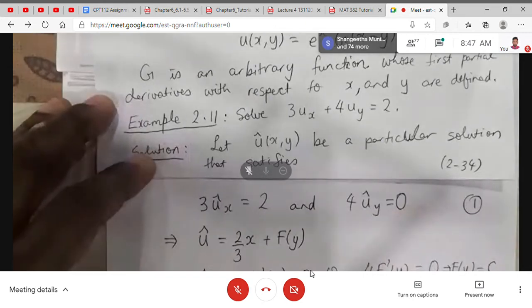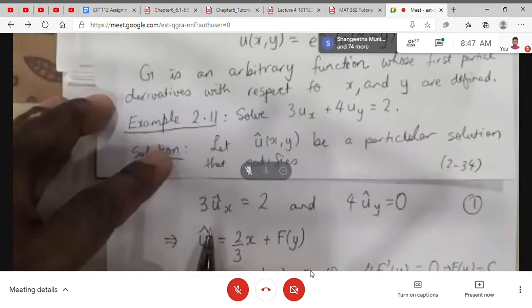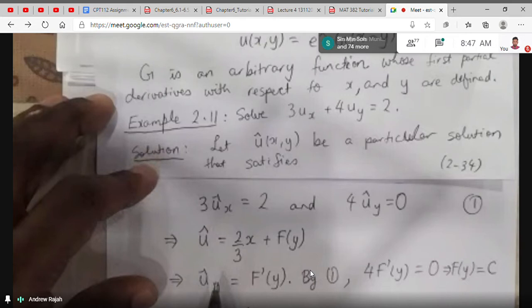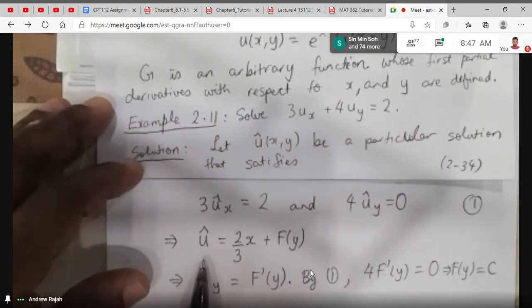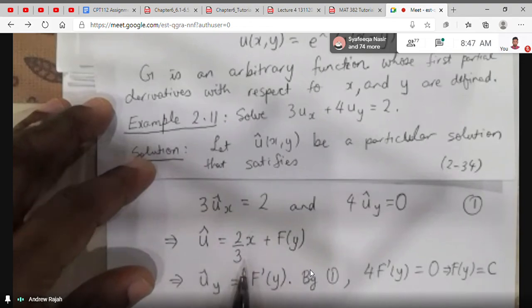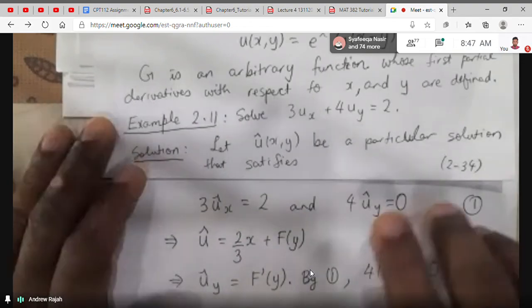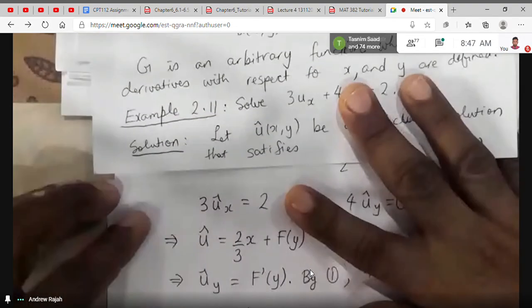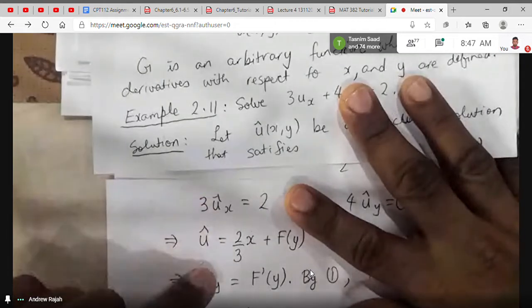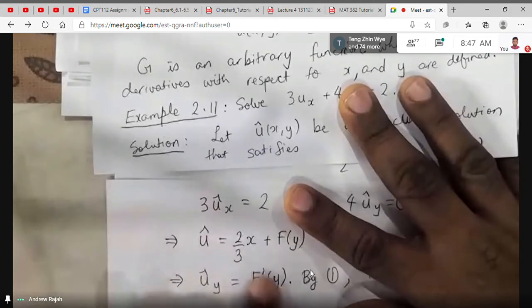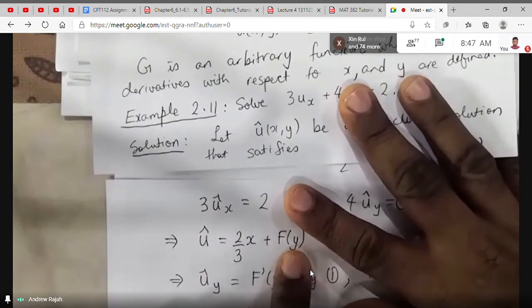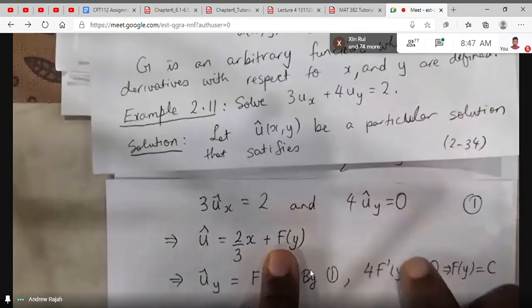Then from the left side, you had u_x equals 2 over 3, right? So you had u is 2 over 3 x plus f(y). Integrate it, you get 2 over 3 x plus f(y).